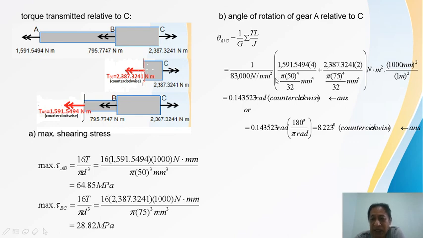Millimeter to the fourth power over millimeter squared in the denominator, so that unit can be removed. Newton will cancel out, and the angle is in radian. We can also go with degrees. This is the result of a counterclockwise twist from C, observing your gear at A.